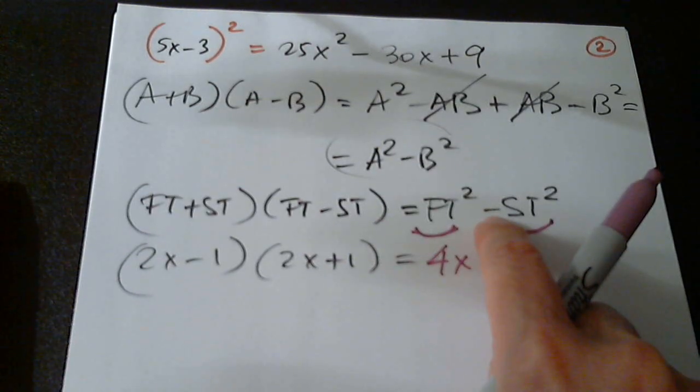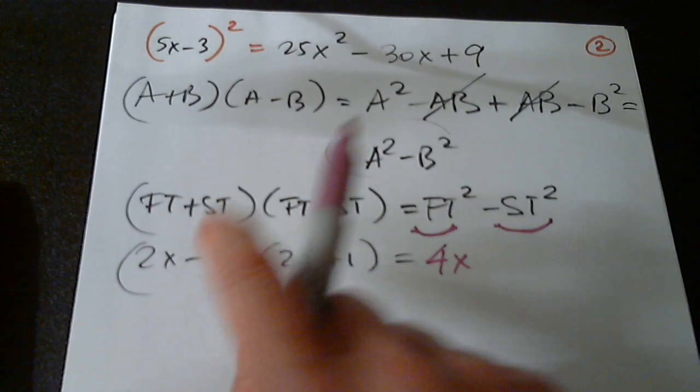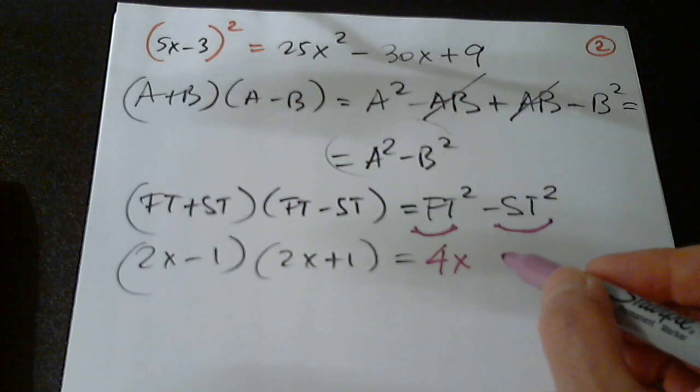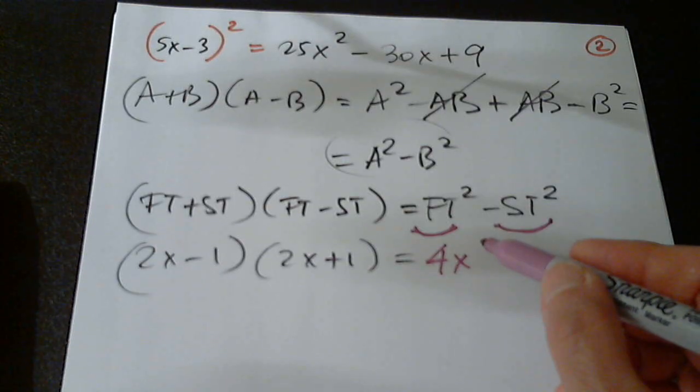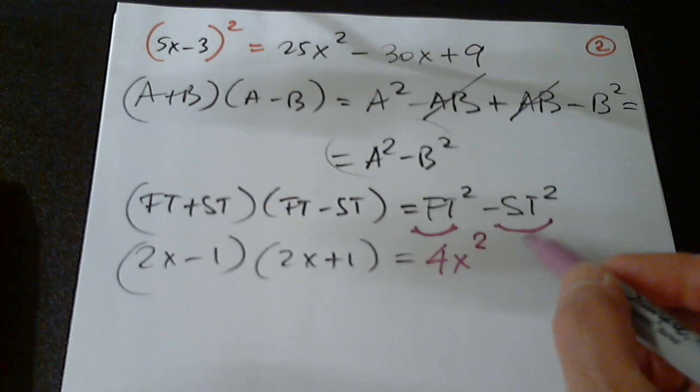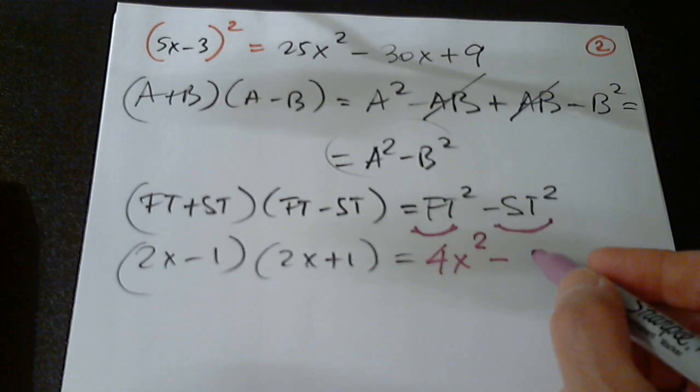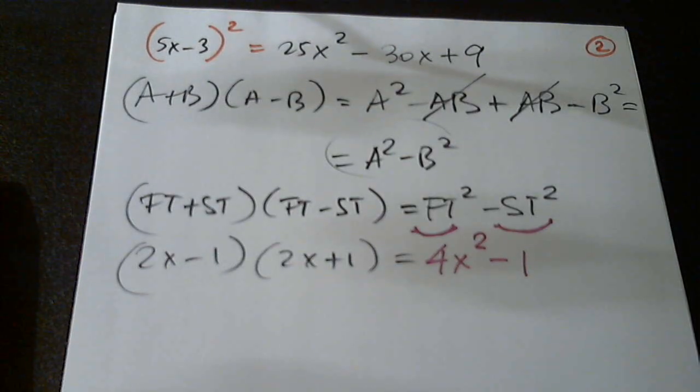We have to subtract when we square this. Would it be 4x squared minus 1? That's it. 4x squared minus 1.